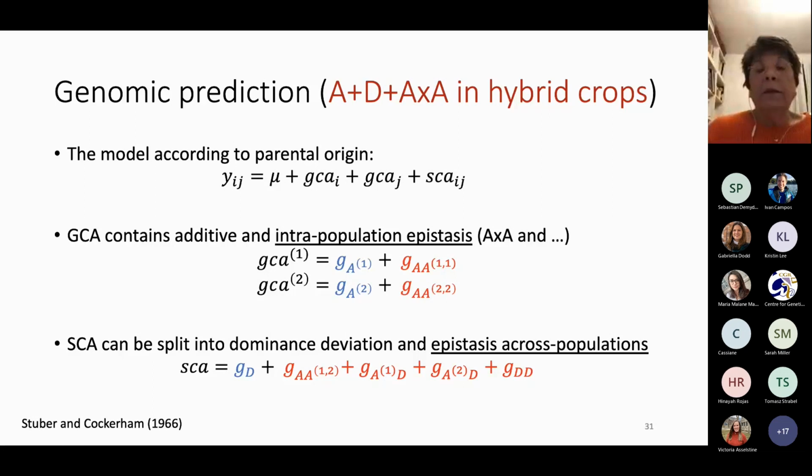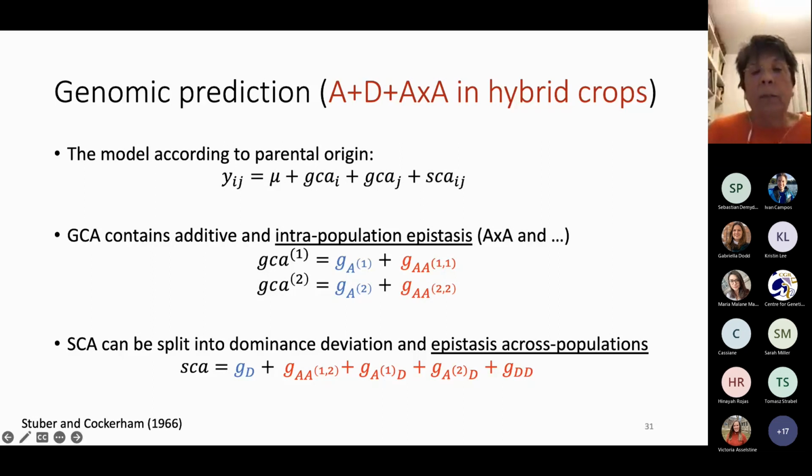That is something that plant breeders use a lot, because they talk about the general combining ability and the specific combining ability. So they use a model that is according to this parental origin, taking into account the different heterotic groups. If we look inside this general combining ability, we can see that we will have the additive effect.